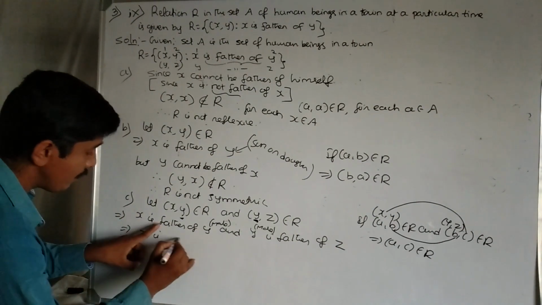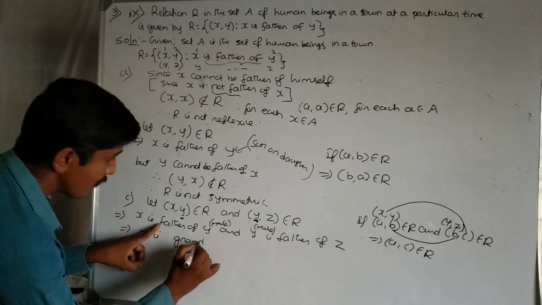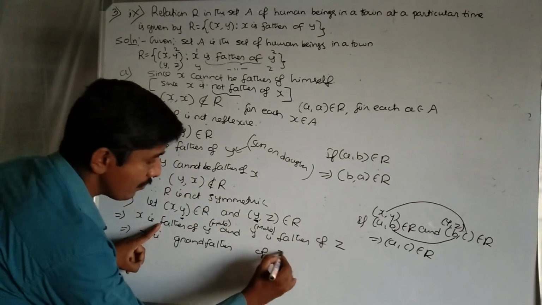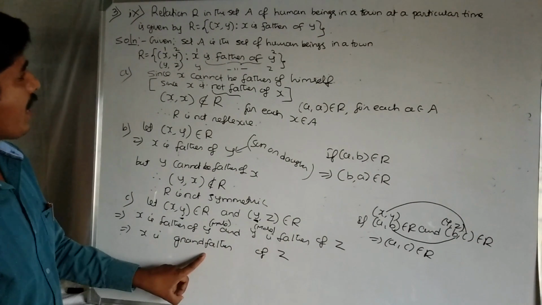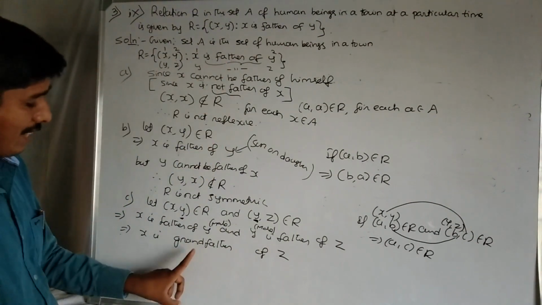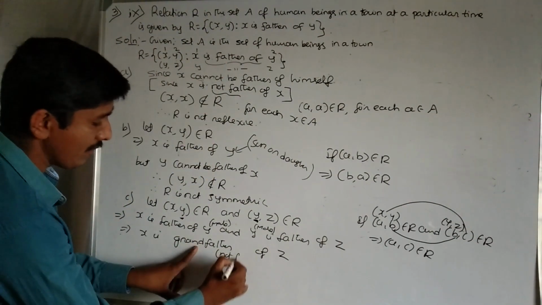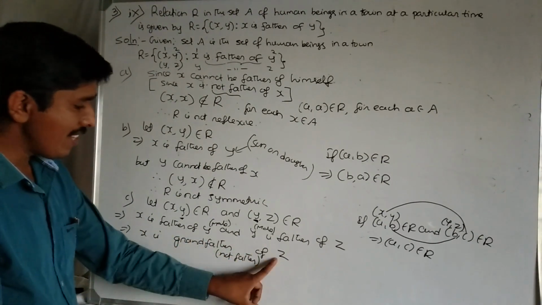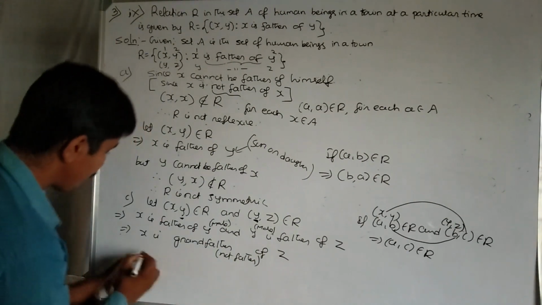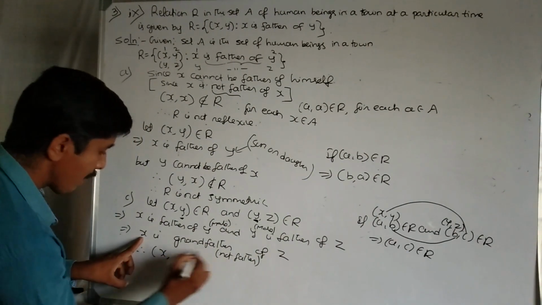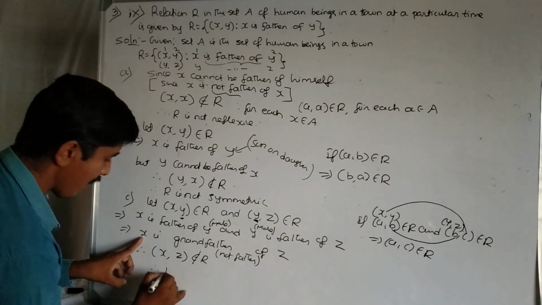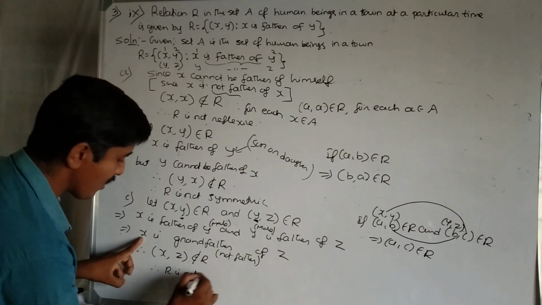But the relation here is father, not grandfather. Therefore, (x, z) doesn't belong to the relation. Therefore, the relation is not transitive.